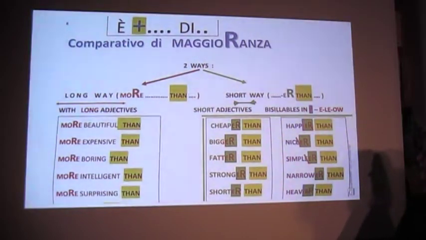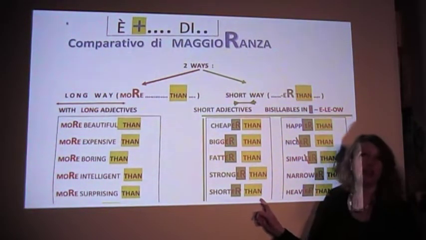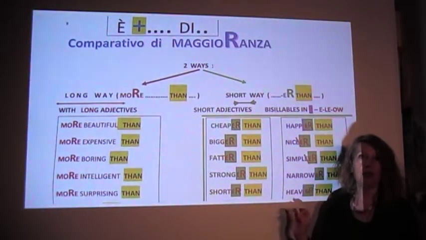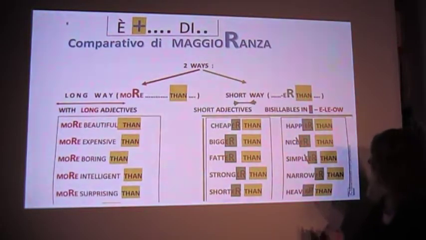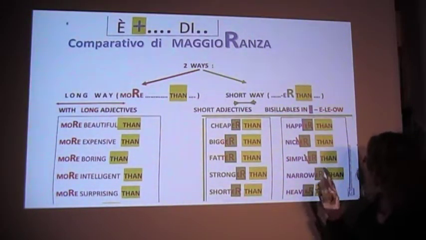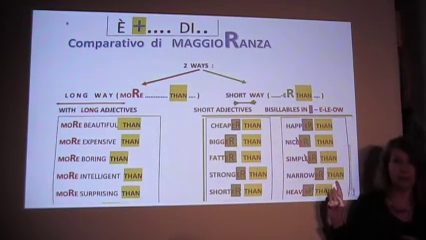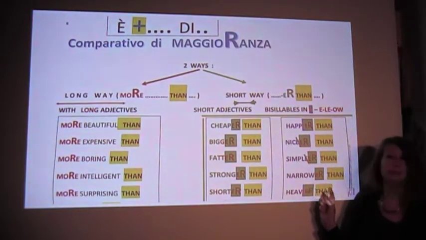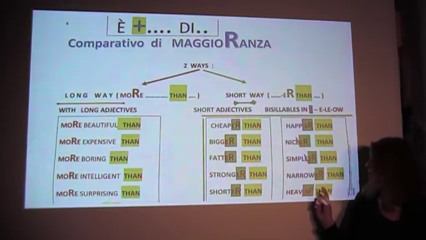And here you can see that for short adjectives, here you have only very short adjectives, monosyllabic adjectives. But you can use the er form, the short form, also for bisyllabic adjectives.